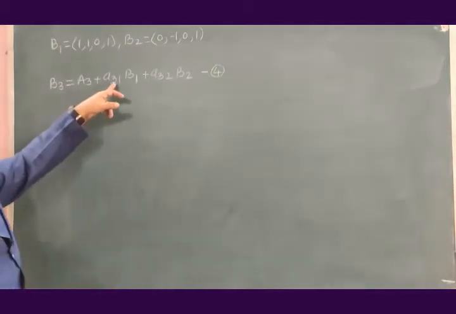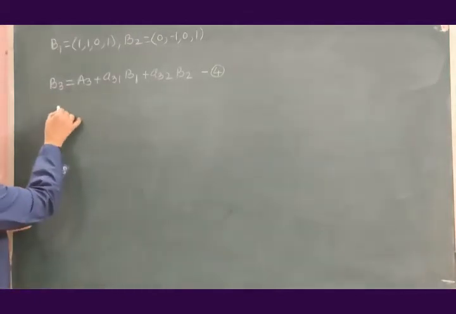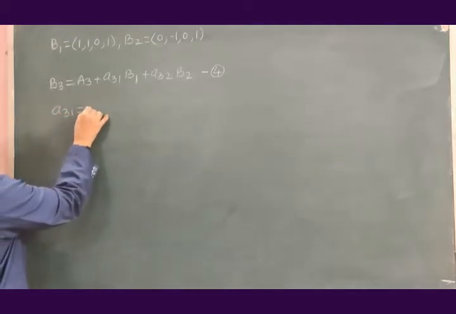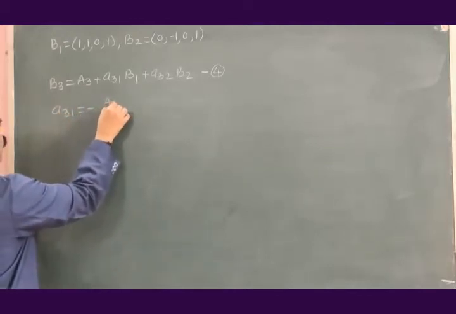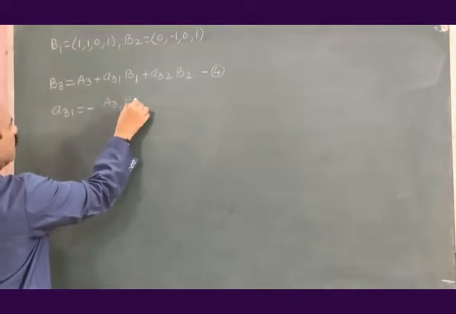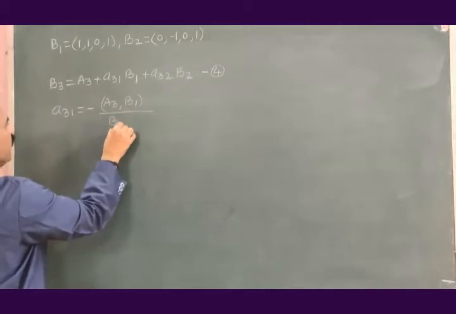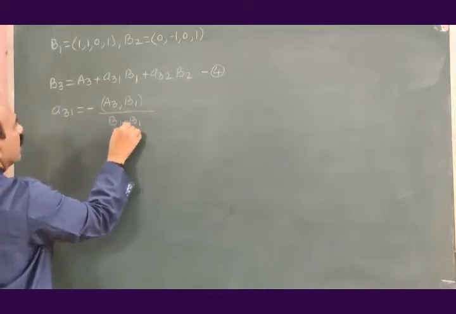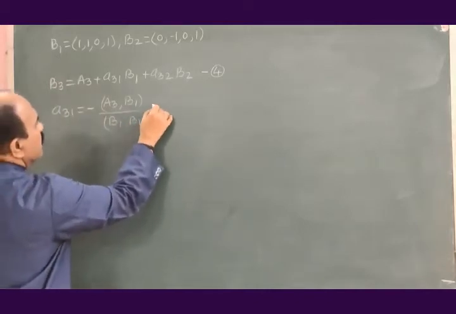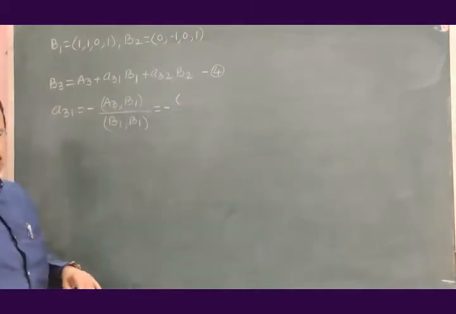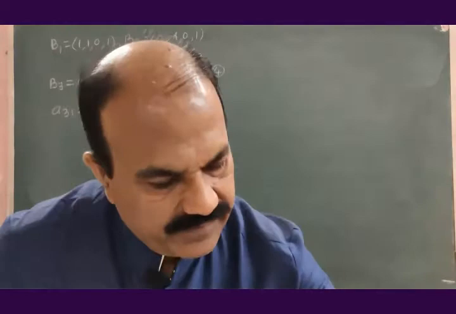First we need to find A31. A31 is equal to minus of (A3, B1) divided by (B1, B1). This is equal to, with minus sign, what is A3?